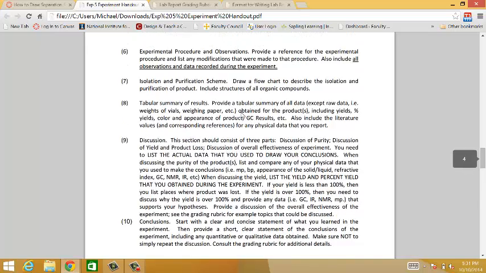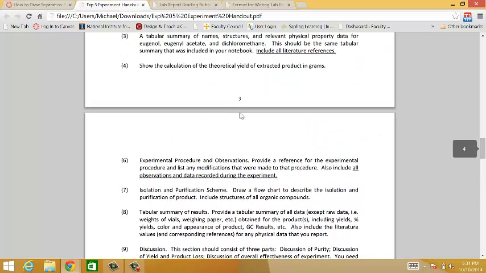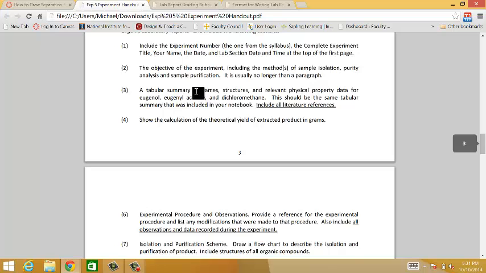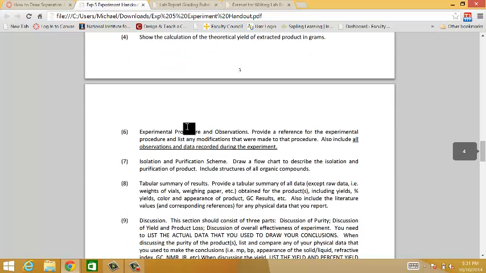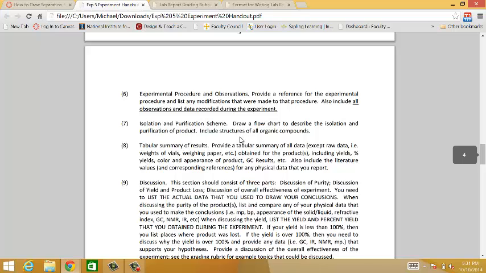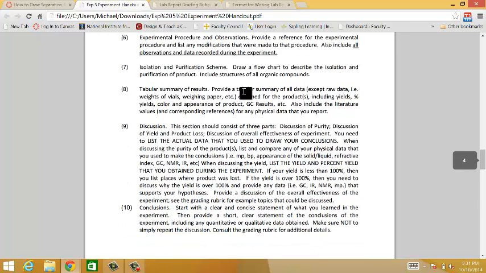Then I asked you for your data, your tabular summary, to calculate the theoretical yield, give me the experimental reference for the procedure, and then show me any modifications and also the observations and data, in this case the separation scheme, your summary of results.